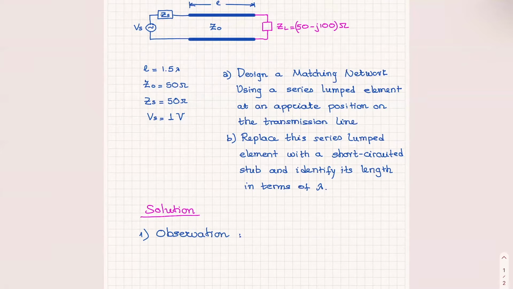The first observation is that the real part of ZL is equal to Z naught. Why is this important? Because if ZL had no imaginary part, the load would be only 50 ohms and totally matched to Z naught, so you would not need the matching network.